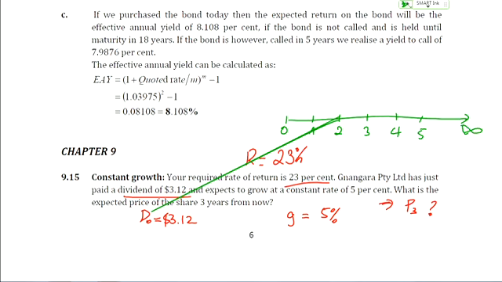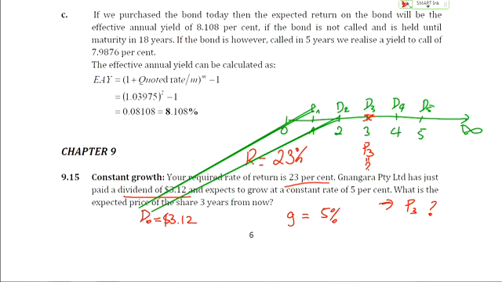It will go to infinity, right? So D1, D2, D3, D4, D5. So they want you to calculate P3. Okay? So you need to calculate P3.